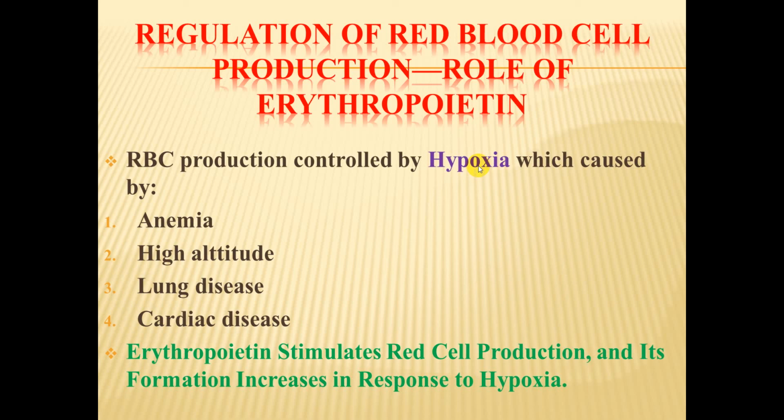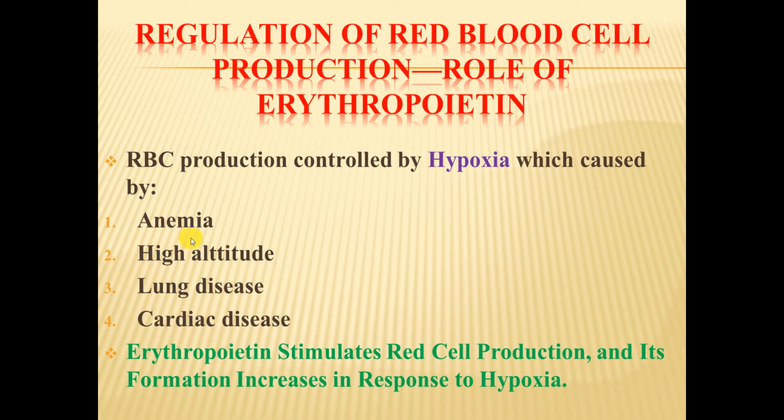Certainly every day there are dying or lysed RBCs, and this calls for production of new RBCs from the bone marrow, but within a certain range, the normal range. But in the case of hypoxia there will be a requirement for overproduction of red blood cells. Hypoxia may be caused by anemia, high altitude, disease of the lung, or heart disease.